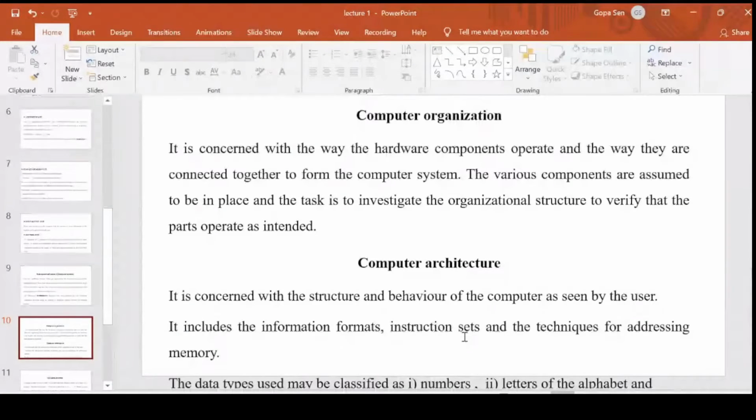That means what instructions your machine can execute, how those instructions will be written, what will be the format, and the techniques for addressing the memory. In the memory, there are thousands of locations, such as how you will address or specify a particular location. That is governed by the computer architecture.